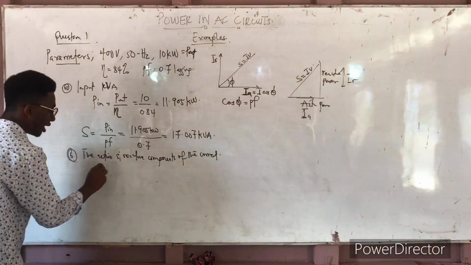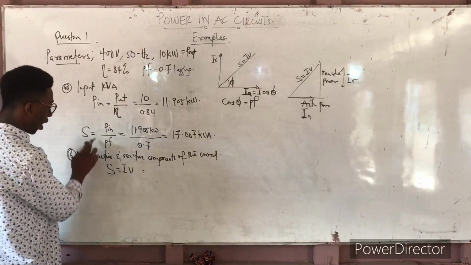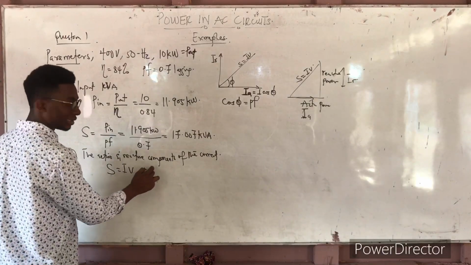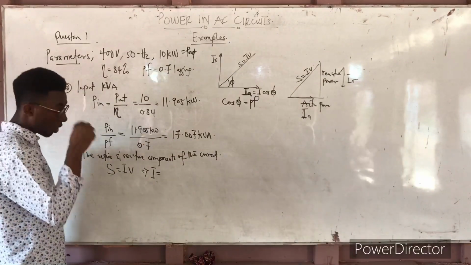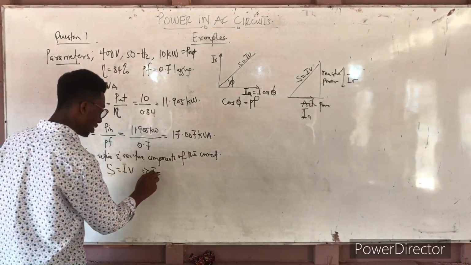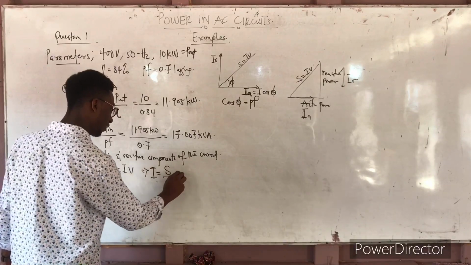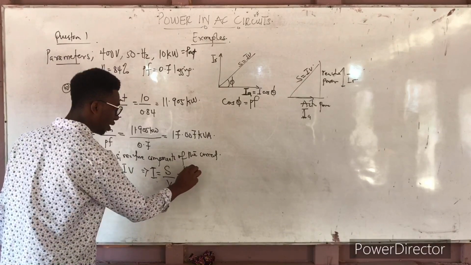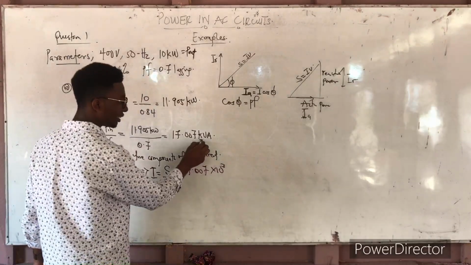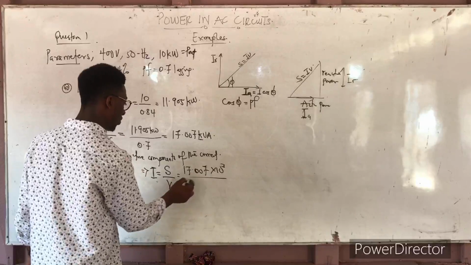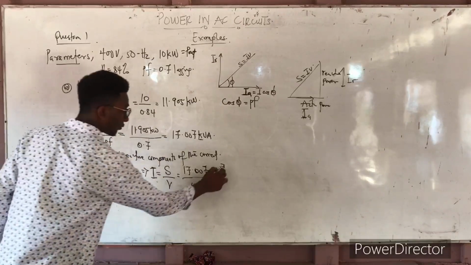Now S is equal to IV. We know our voltage and we know our S, so we can find I. Our resultant current I is equal to the apparent power S divided by V. Our S was 17.007 times 10 raised to the power 3, because it is kilovolt ampere, all divided by 400 volts, given in the question.